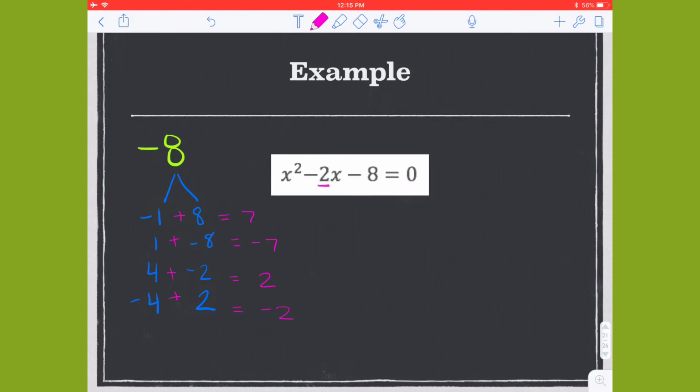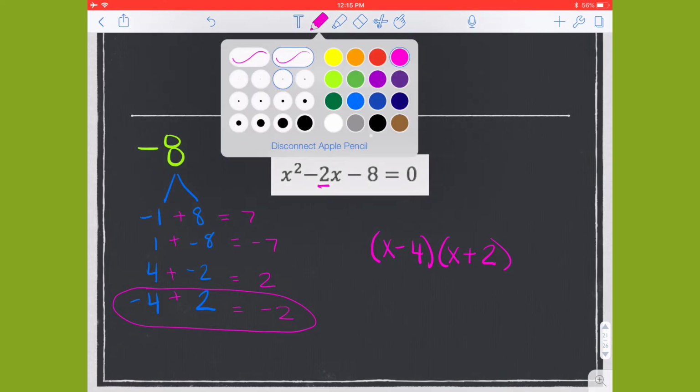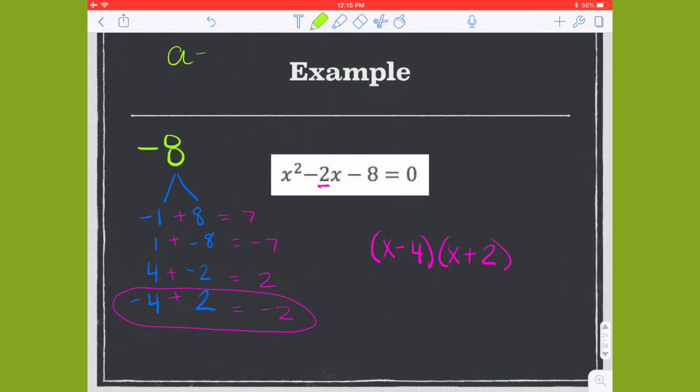And I'm looking for negative 2, and so that is the last pair that I created. So those create my binomials, x minus 4 and x plus 2. And again, you can FOIL that to check your work. Again, remembering that we were able to do this process because we were in standard form and our a value was equal to 1. Super important.